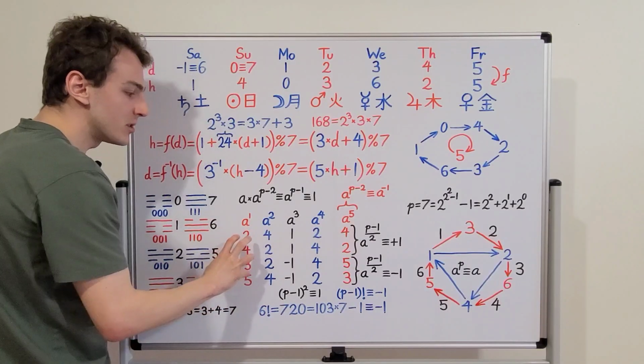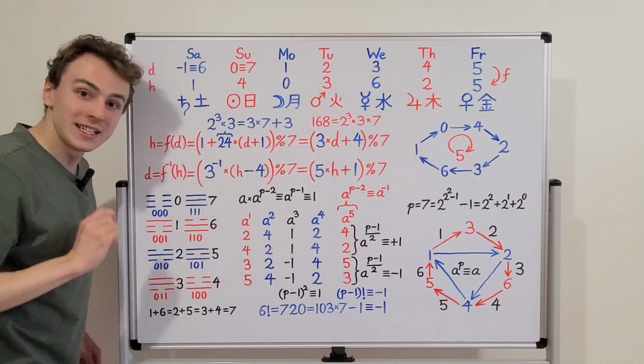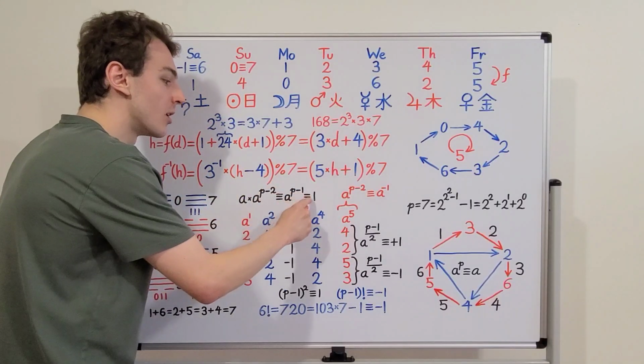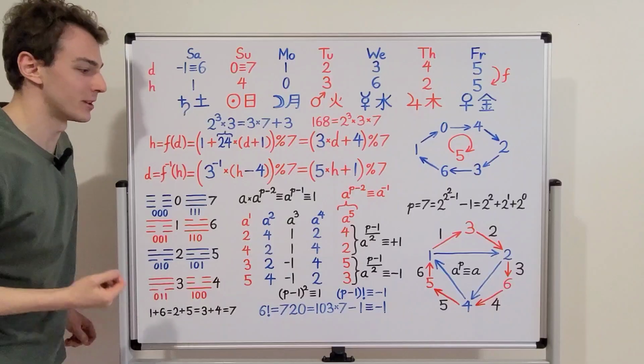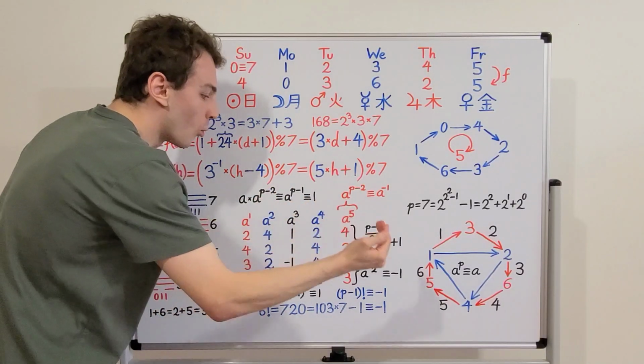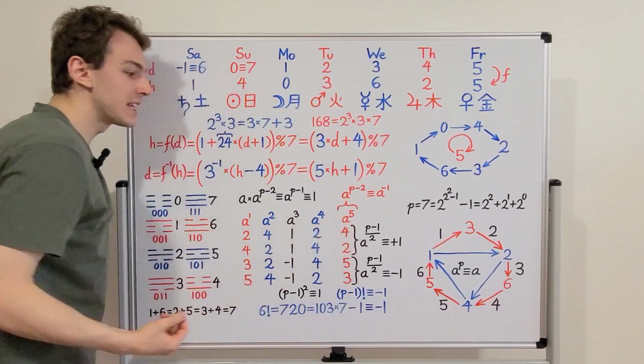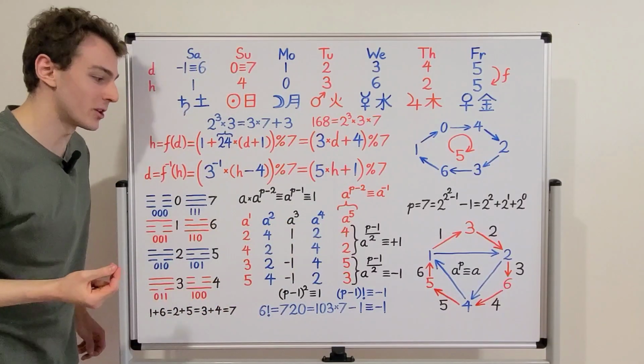So if we take these values and we raise them to the power of 6, which is 1 less than the modulus, then we will get 1 mod 7. So that means that if we go 1 power below, that is a to the power of 5, we're going to get the multiplicative inverse.